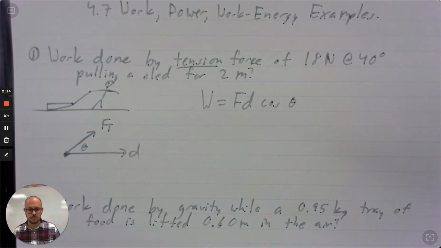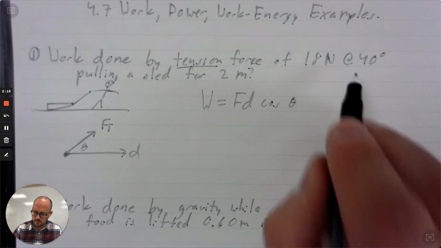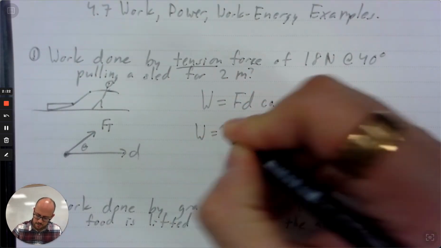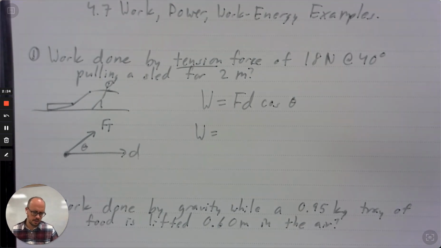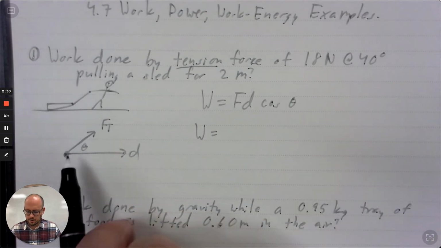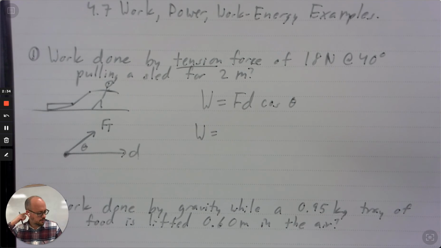Okay, so the work done by tension is just going to be the force of tension times that distance times the cosine of the angle. It's basically taking the numbers that I gave you and putting them in the equation, but also understanding that 40 degrees is both above the horizontal and the angle between the force and the displacement.